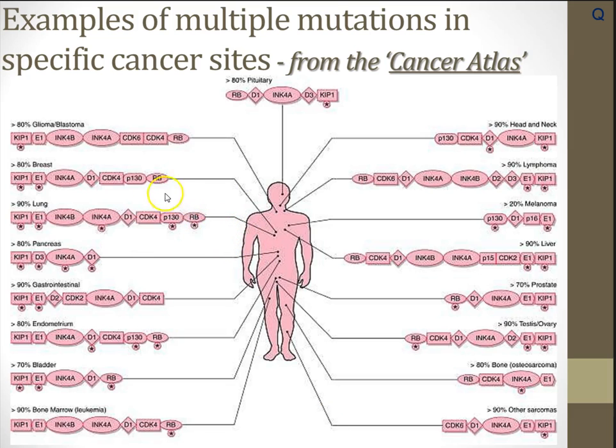What we see accumulating are what we would expect to see, right? We see, for instance, RB overrepresented in multiple sites, not just, of course, eye cancer. We also see other cell cycle regulation genes overrepresented in multiple sites.